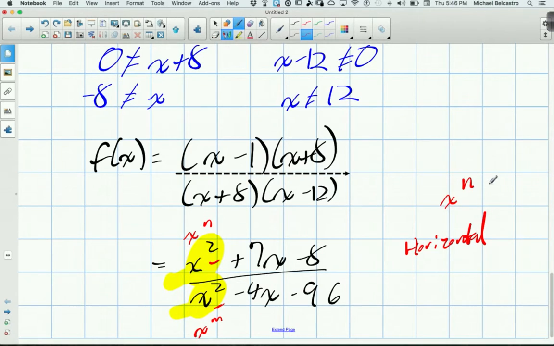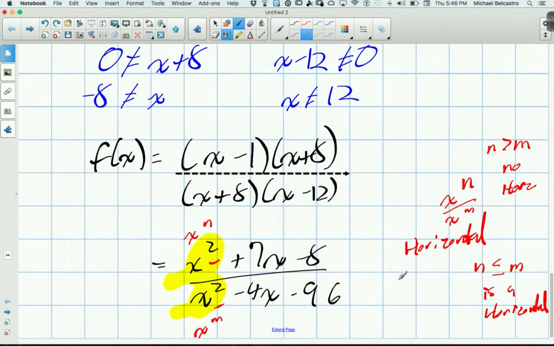If n is greater than m, there is no horizontal asymptote. If m is greater than or equal to n, yes, there is a horizontal asymptote.